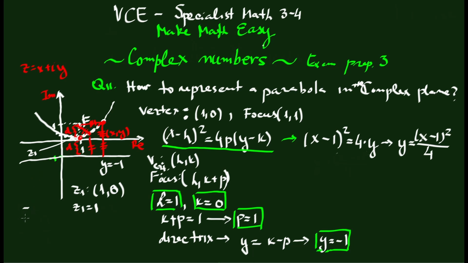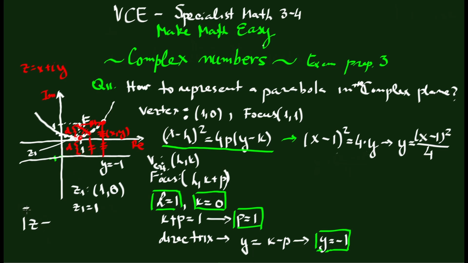So what we're going to say is that the distance between Z and the fixed point, which is the focus, and where is our focus? Yeah, 0, 1.